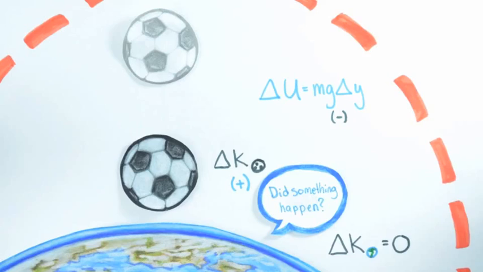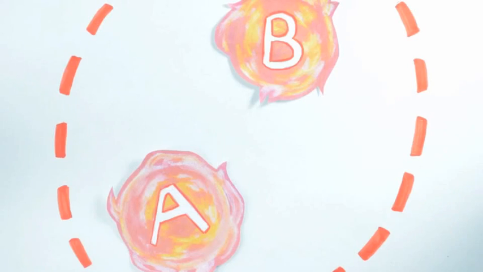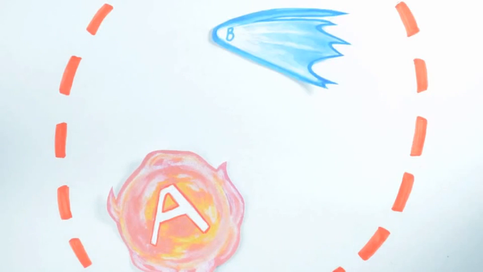This can happen with the more general form for gravitational potential energy, and for the same reason, when very large differences in mass are involved. Say, instead of considering two stars, we have one star and a very much less massive comet interacting.